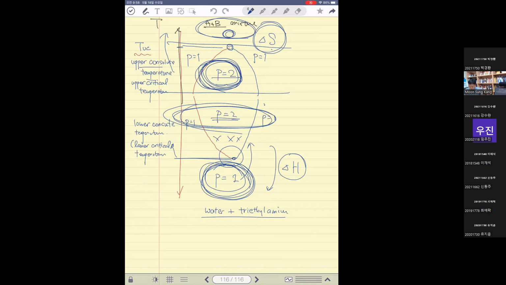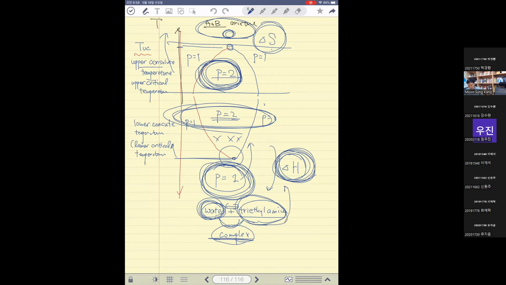At low temperature, they can form a complex structure, with a small thermal energy provided, smaller vibration, smaller energy to do crazy things. They have this enthalpic interaction, forming a complex, and that complex makes the water and triethylamine be mixed well at lower temperature.